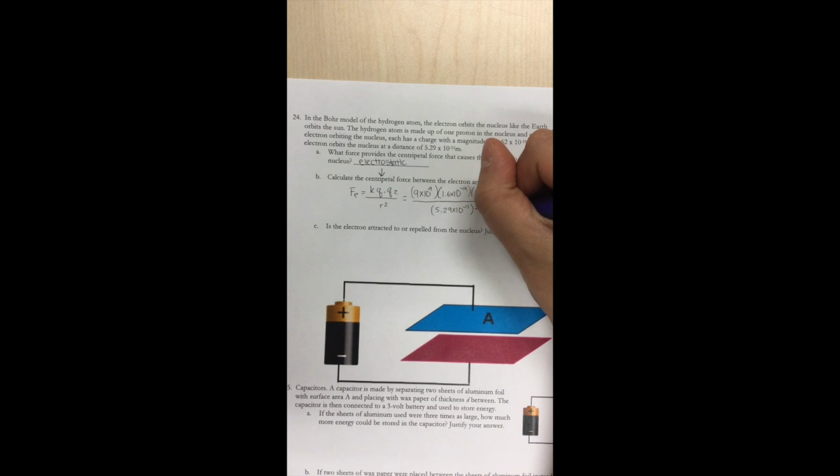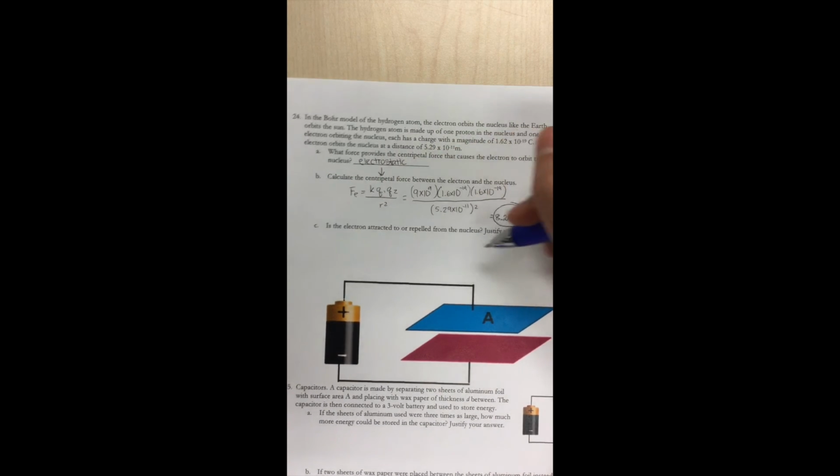Substituting into my calculator, we see that this leaves a super tiny force, 8.2 times 10 to the negative 8 newtons. Though we already know the electron is attracted to the nucleus, otherwise it wouldn't orbit.